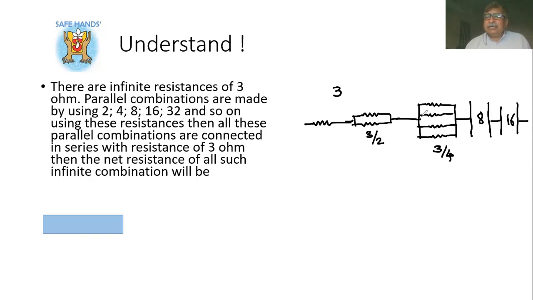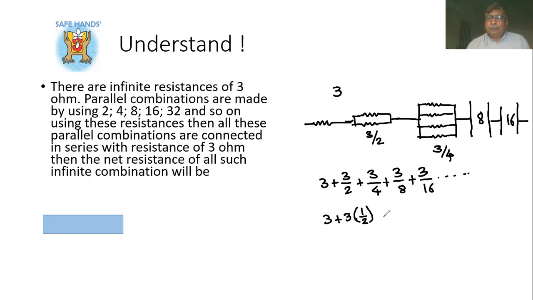Because these are in series, I am supposed to add 3 plus 3 by 2, 3 by 4, 3 by 8, 3 by 16, and I realize that this is actually a GP where the common ratio r is nothing but 1 by 2. As you can see very clearly, 1 by 2 square, 1 by 2 cube.